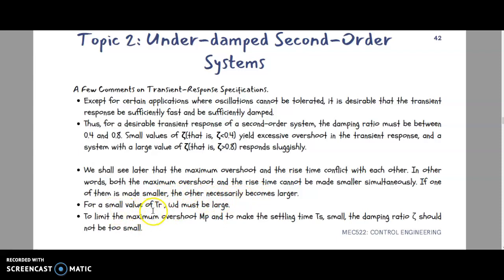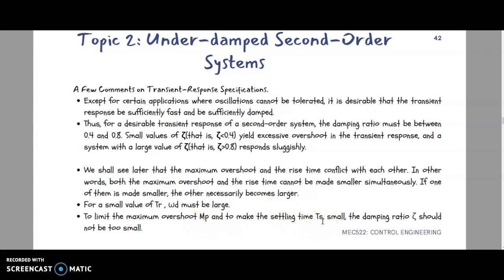For a small value of Tr, omega d must be large, because you know that Tr equals (pi minus theta) divided by omega d. So if this one is small, omega d is greater because of the relationship.